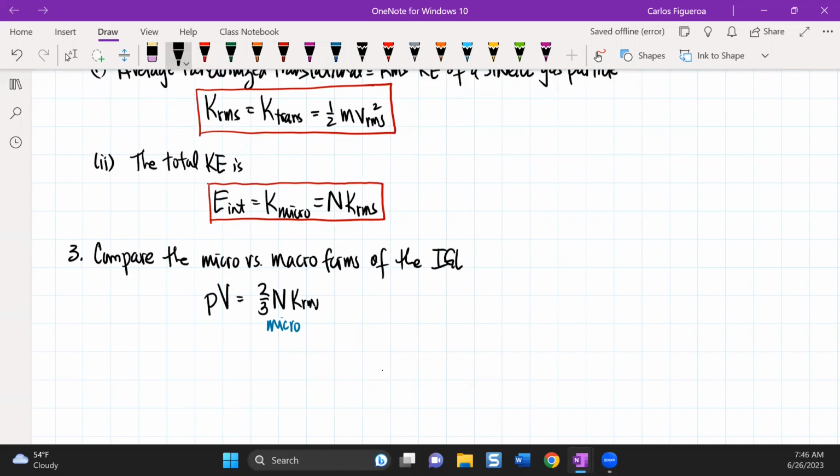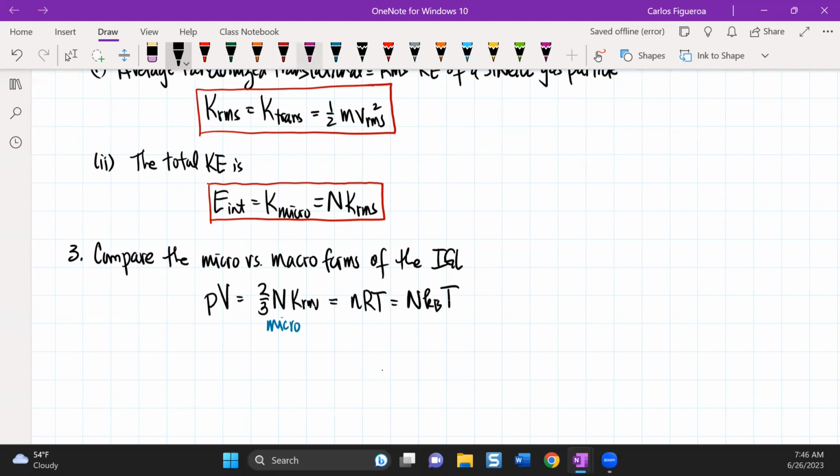Now, if I look at the macroscopic ones, there's 2 forms. It could be written as nRT, or it could be written as NKBT, where KB is the Boltzmann constant.